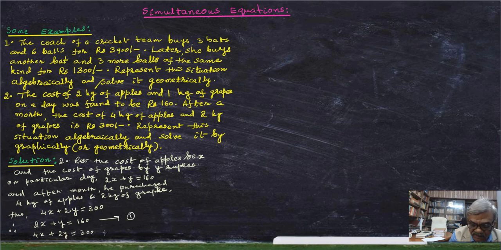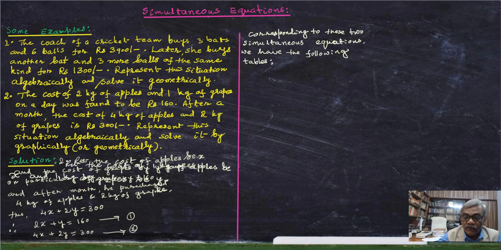I will call this equation 1 and this equation 2. Corresponding to these two simultaneous equations, we have the following table for x and y.